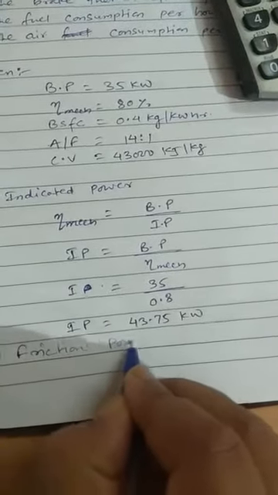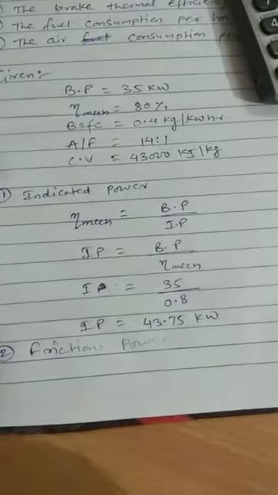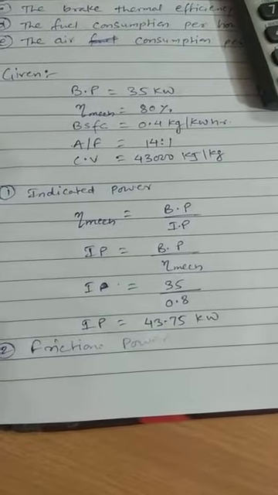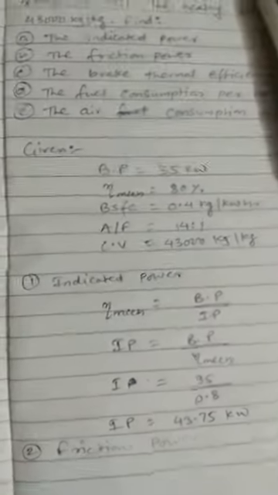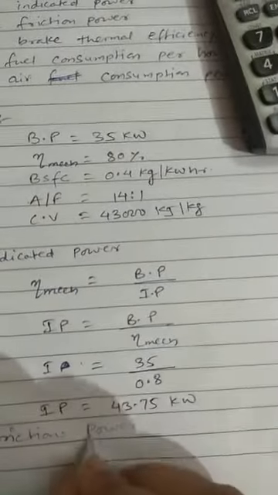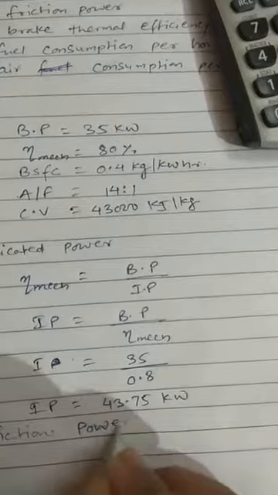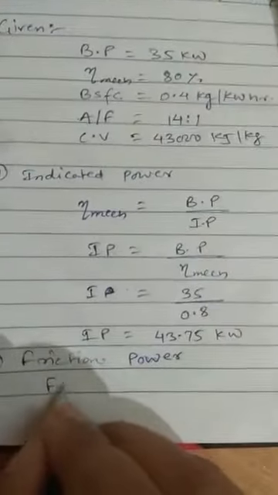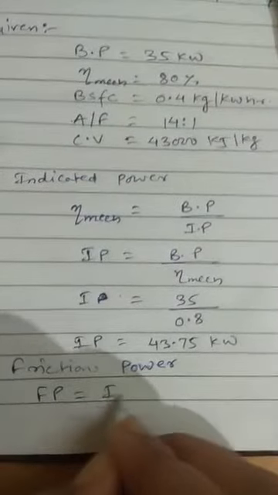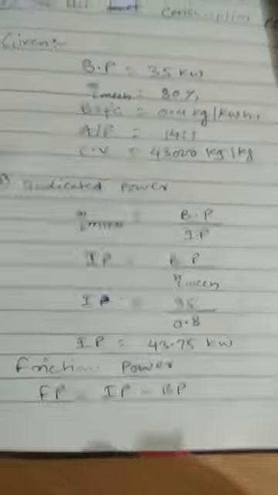Friction power means FP. This is equal to IP minus BP.